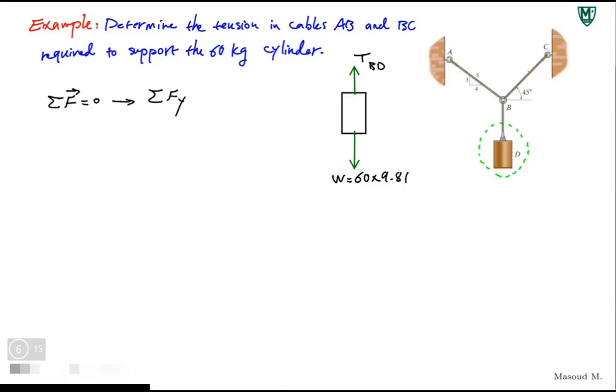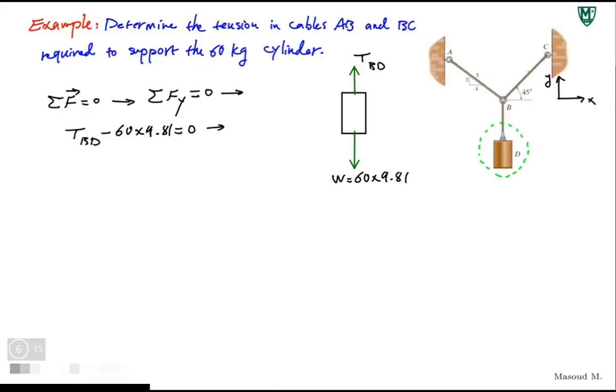If you take this direction as x and this direction as y, it's optional; you can do x and y the other way. They should be 0, meaning that I have TBD minus 60 times 9.81 equal to 0. I applied the equation of equilibrium to my free body diagram with all the available forces.